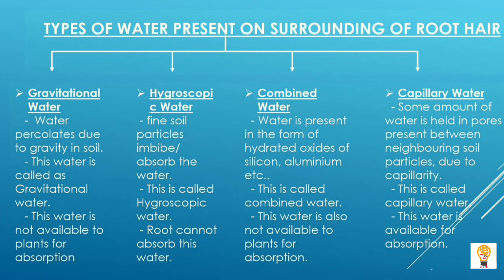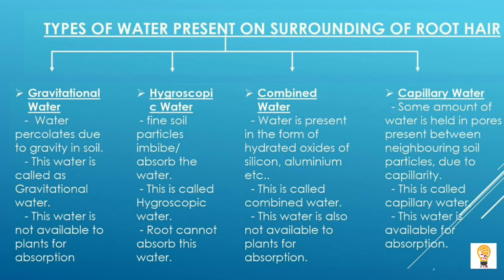Then the second type of water is hygroscopic water. Now what is hygroscopic water? Water imbibed in the soil is called hygroscopic water. As this water is imbibed by the soil itself, the root hair does not absorb it. So this water is also not used by the root hair for absorption.